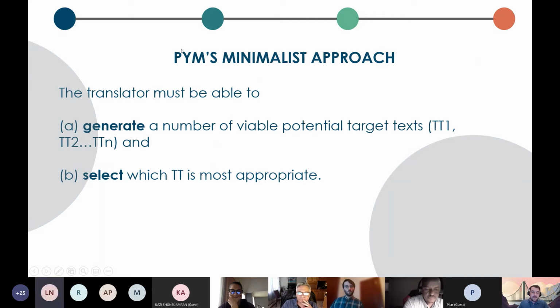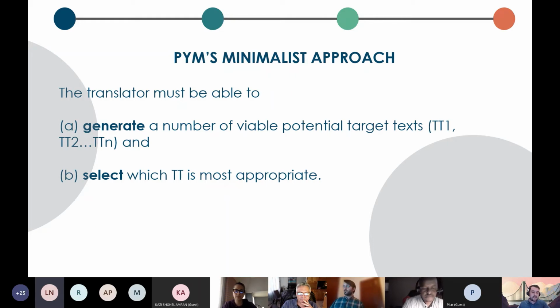So moving on to some theory, this is Pym's minimalist approach to translation. The translator must be able to generate a number of viable potential target texts and select which target text is most appropriate for the situation for our target audience, keeping the purpose of the text in mind.